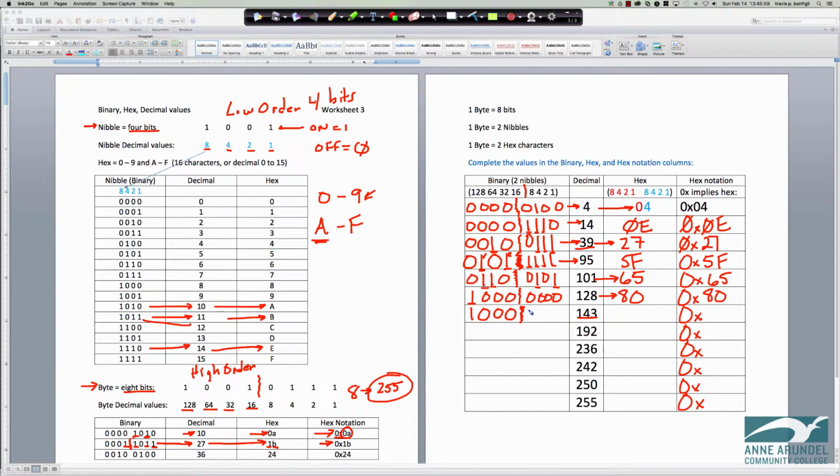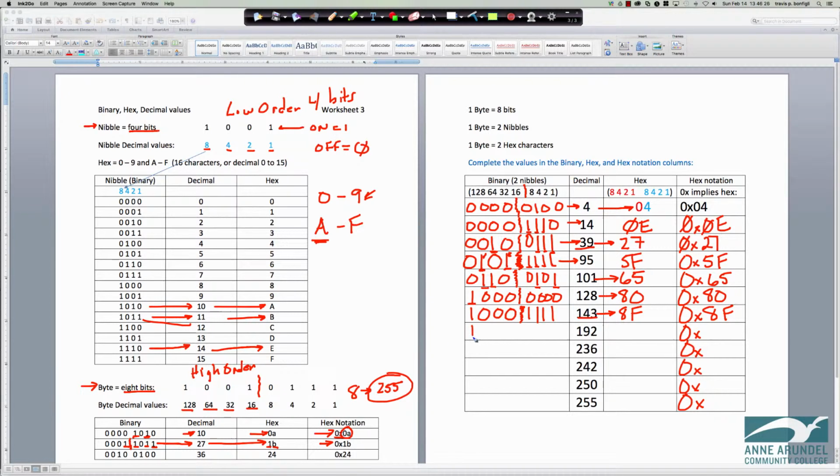So 128 plus 8 is 136. So if I subtract 136 from 143, I get 7, which I know is going to be those last 3 bits right there. All right, so what do we have here? We've got 8 and then 15, so 8 F. So 143 is 8F.